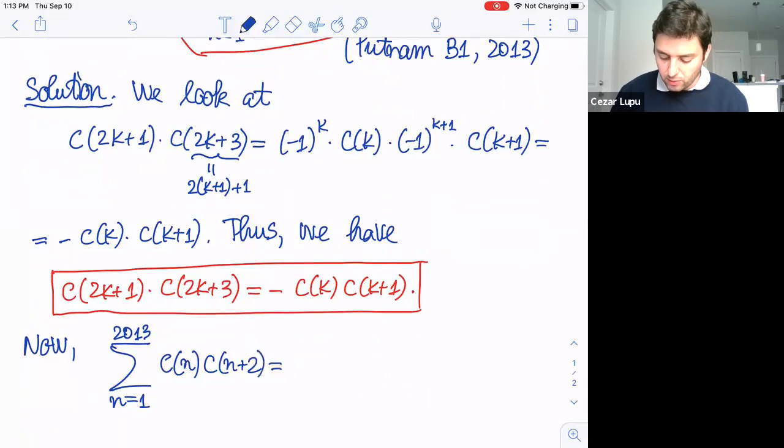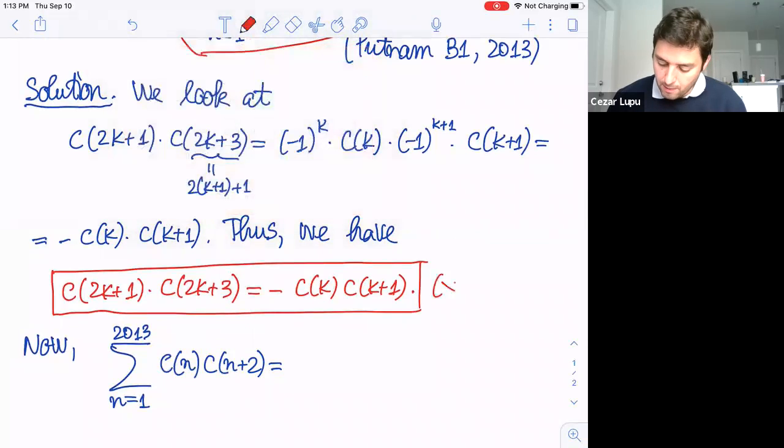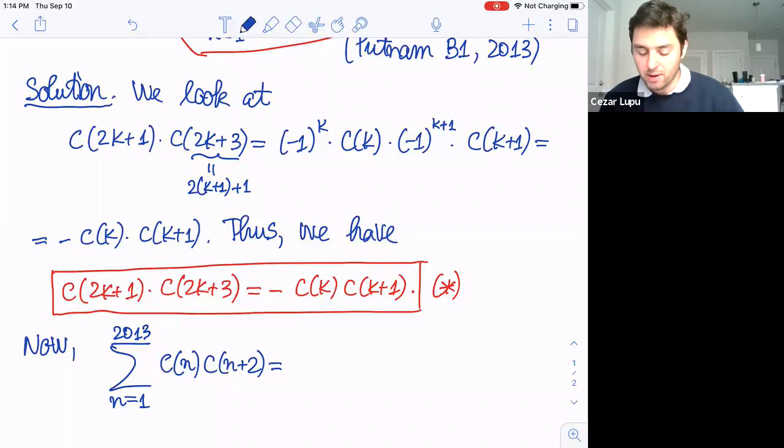I want you to look very carefully here, because you see I have the relationship that I'll denote by star. The equality that I obtained earlier involves Cn and Cn plus 1, not Cn plus 2. So maybe I should do something about it.